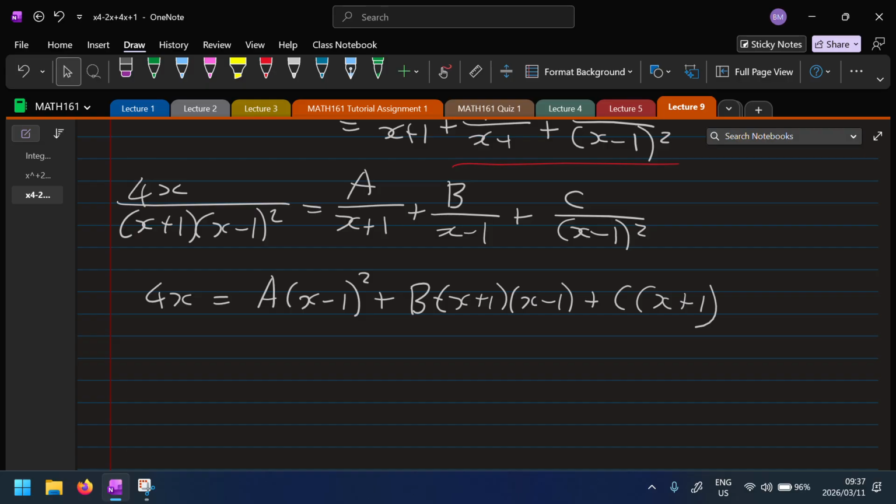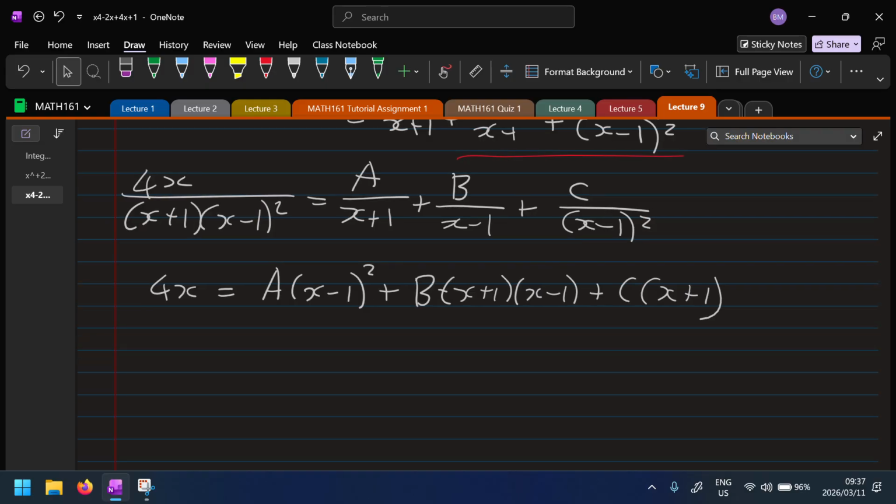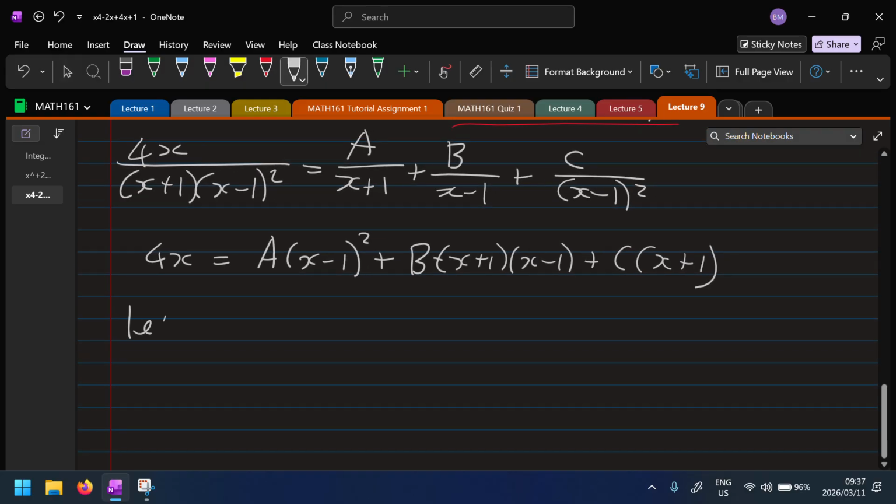That will get rid of the A term. It will also get rid of B. So we can then solve for C. Everyone see that? So if x is 1, we get rid of A, B, we can solve for C. So let x be 1. So we get 4 is equal to A goes away, B goes away, and we have 2 times C. So C must be 2.